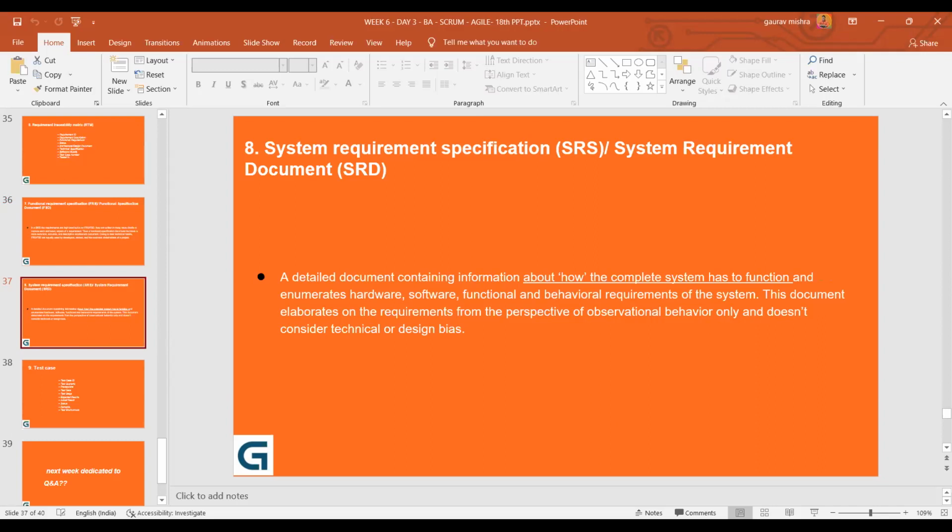Yeah. So here we see system requirement specification and/or system requirement document. Can anybody read this for me, please? Yes.